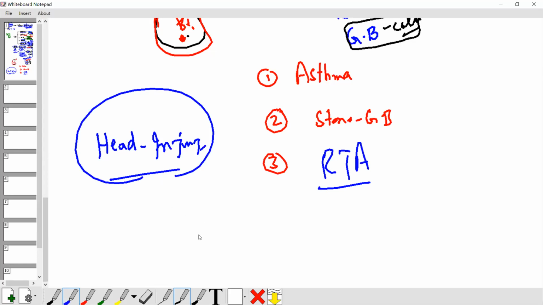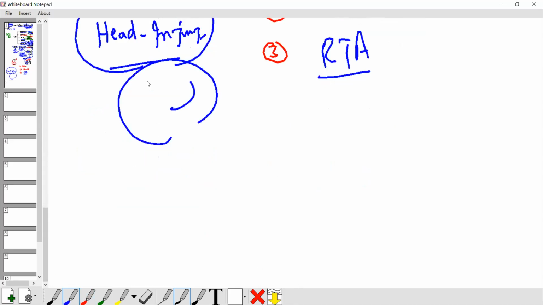Why? Because in head injury, inside the skull we have the brain. What happens inside? Release of histamine.